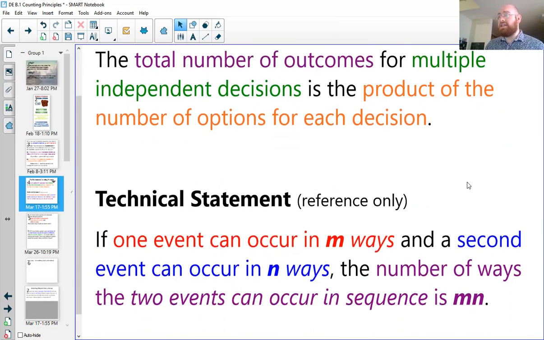To state this technically, in very precise mathematical language, if one event can occur in m ways and a second event can occur in n ways, the number of ways the two events can occur in sequence is m times n. So the number of outcomes for the first decision, the number of outcomes for the second decision, you multiply them, and that gives you the total number of outcomes using the number of options for each decision.